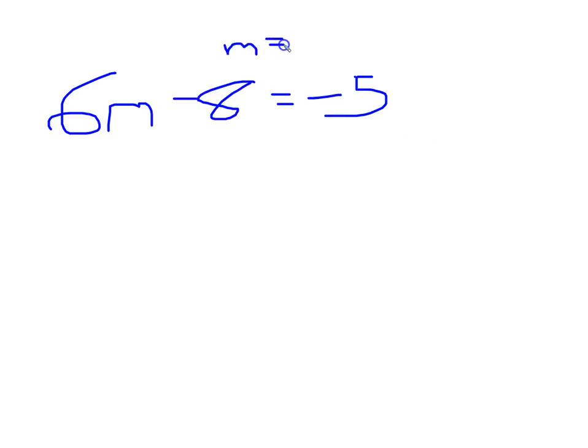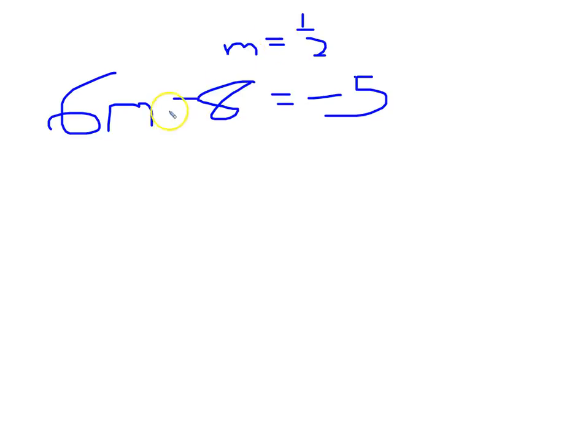I need to get my board working. And they tell us that m equals 1/2. So you're going to determine, is 1/2 a solution to this problem?